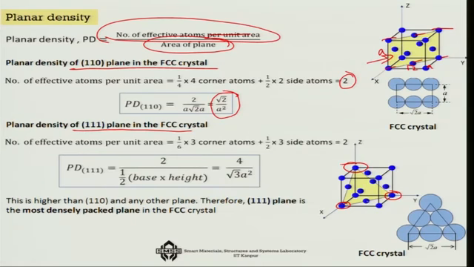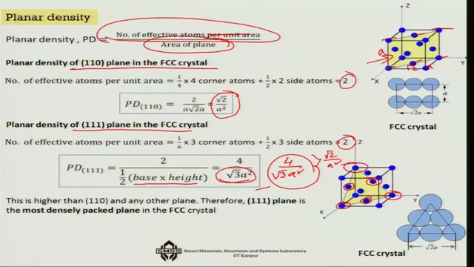So, in total you again get a number 2, but the area is different now. What is the area here? Half times base into height, if you work it out you will see it will be root 3 A square. So, the planar density here is 4 over root 3 A square, and this is actually larger than root 2 over A square.